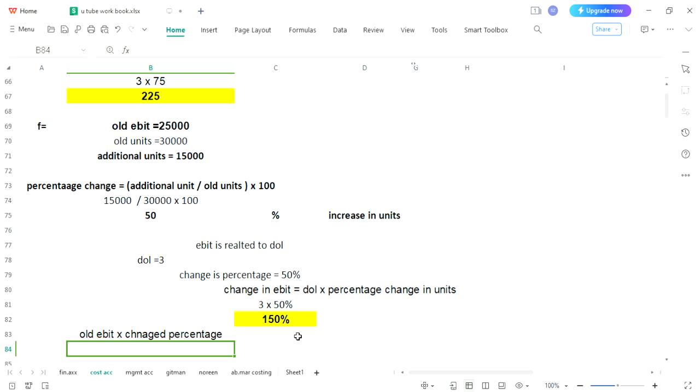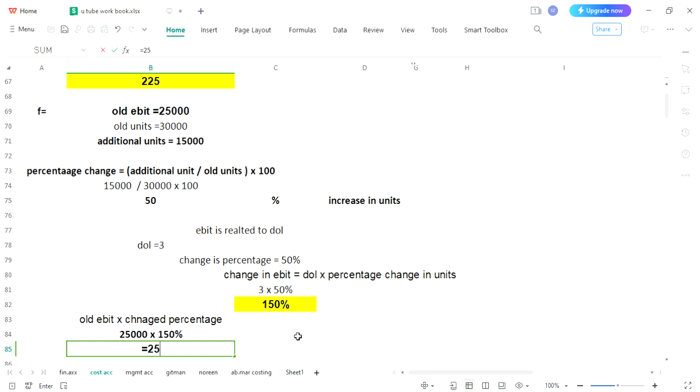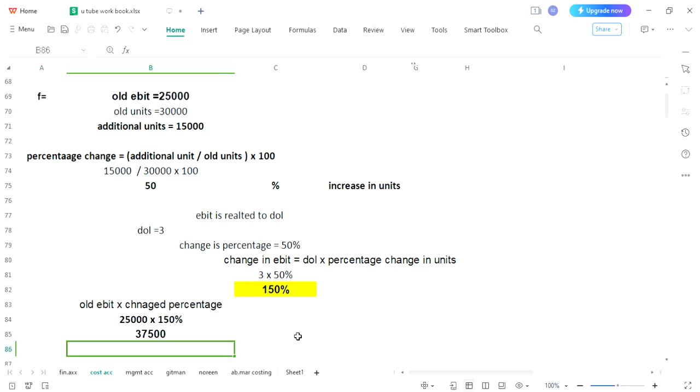Your old EBIT was 25,000, and the percentage which you have calculated is 150%. Just simply calculate 25,000 multiplied by 150 divided by 100. So you have got 37,500. This is basically your change in EBIT.